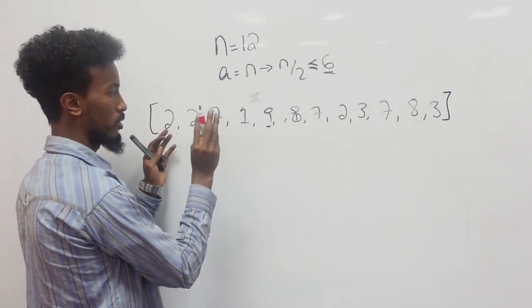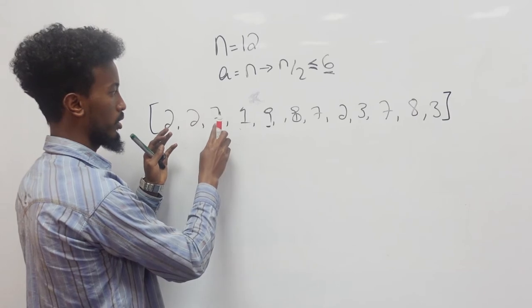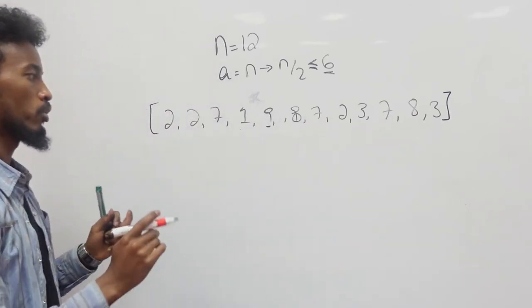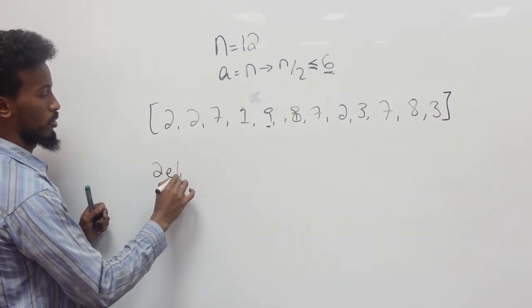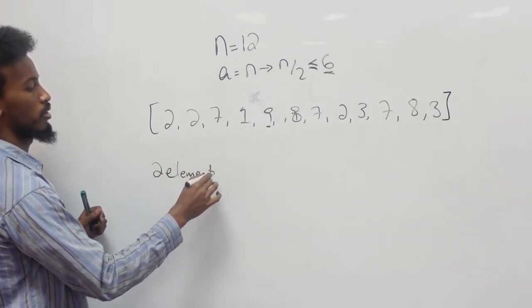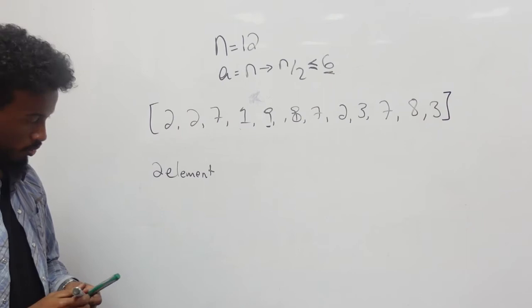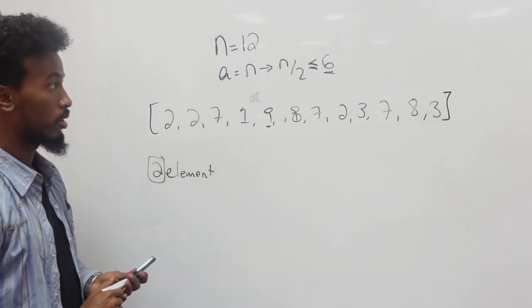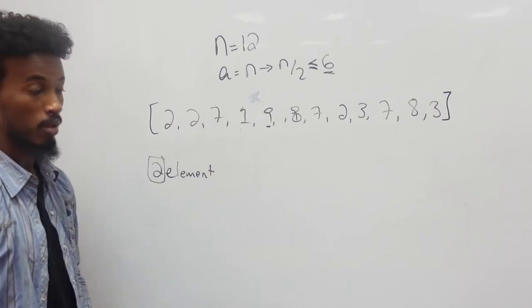We have removed 3 elements, and we could remove 7, and we have removed 2 elements to make the size half. So our goal is to decrease the number of elements we are going to remove from the array, making it at least half of the size.